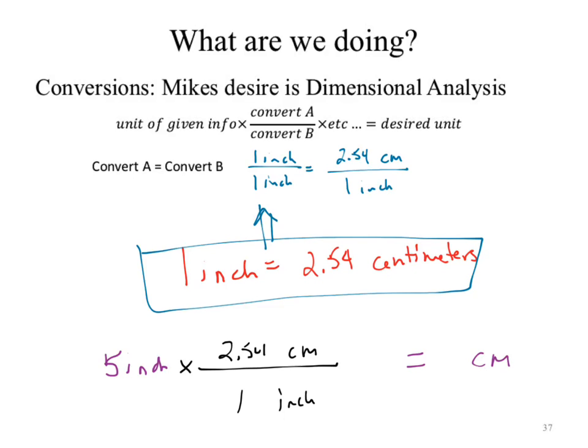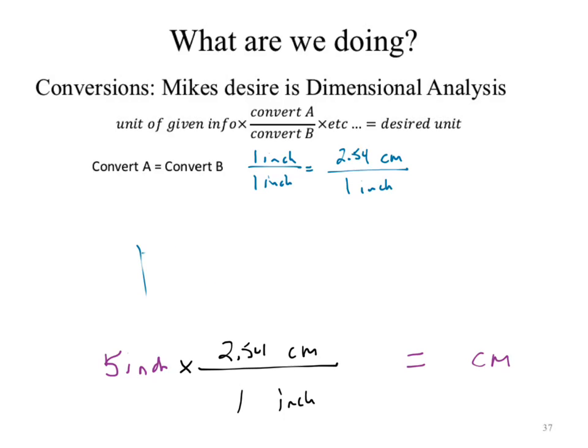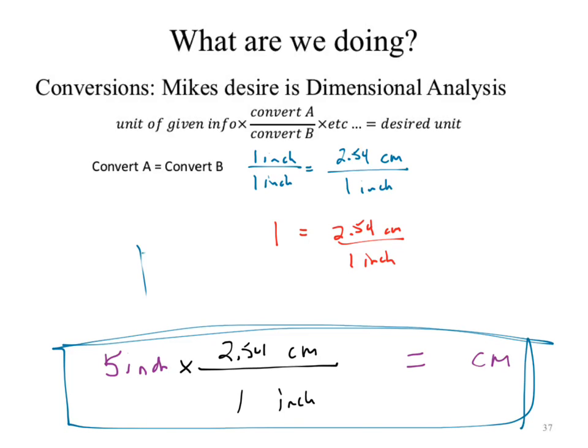Well, why would I do that? What is 1 inch over 1 inch? The whole point of that system is I now know that this is 1. 2.54 centimeters is 1 inch. So when I go back to my equality and my dimensional analysis down here, we say, well, why could we do that?